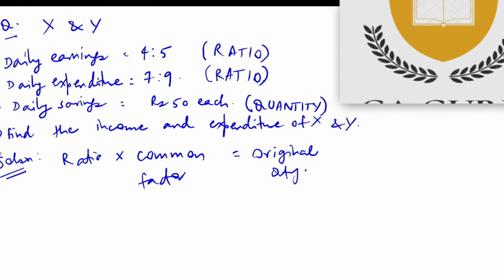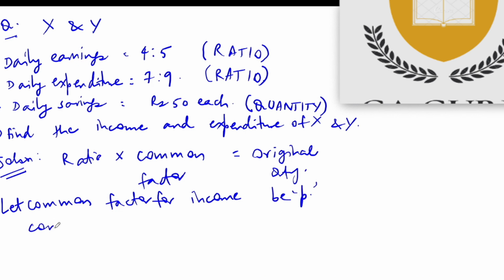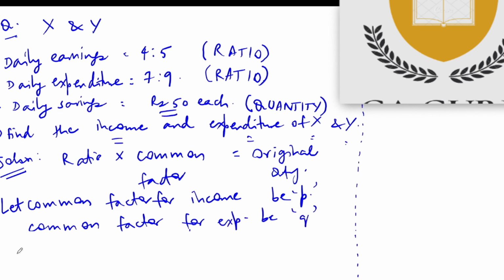Now let us say the common factor for income is P and the common factor for expenditure is Q. For expense, Q. Okay, so let's see the input given in the question.